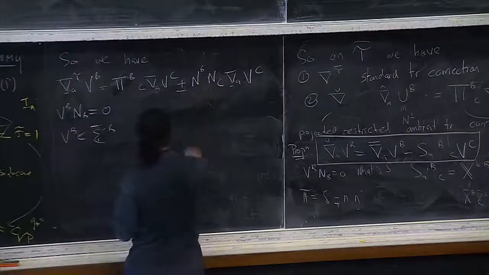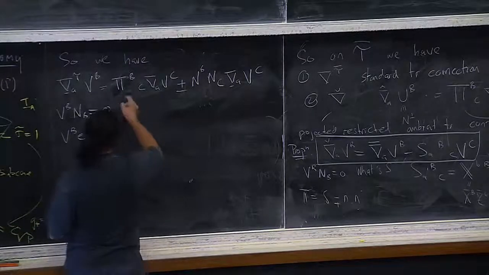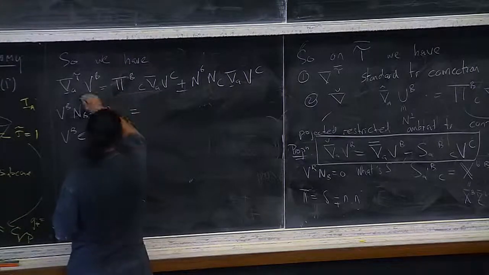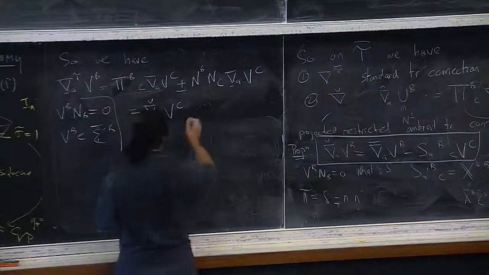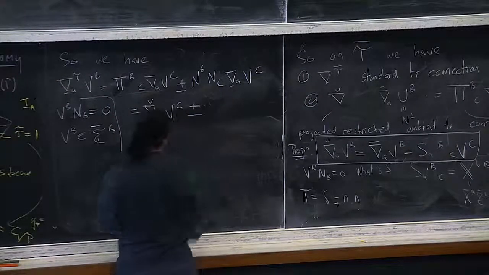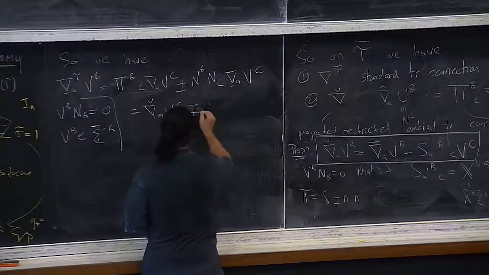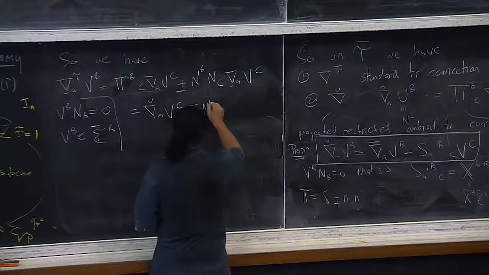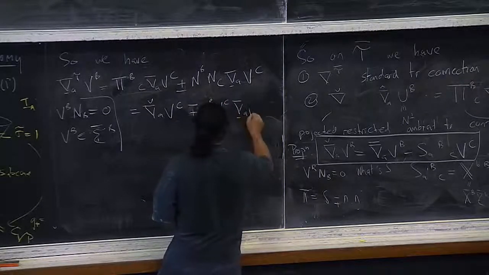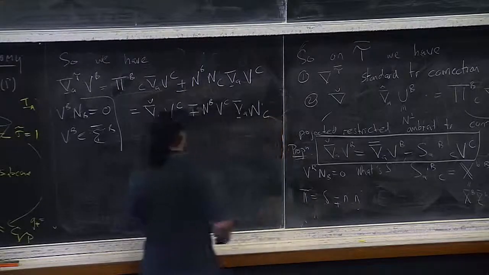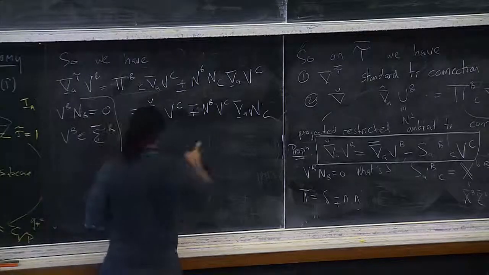Okay, so where was I? Now we can play the same trick that we did over there. First of all, this by definition is this check thing. And now we have plus or minus this bit here, but I can swap these around, so this becomes minus plus N_B V^C grad_A N_C. Then we can use that formula up there, which gave us this L thing.